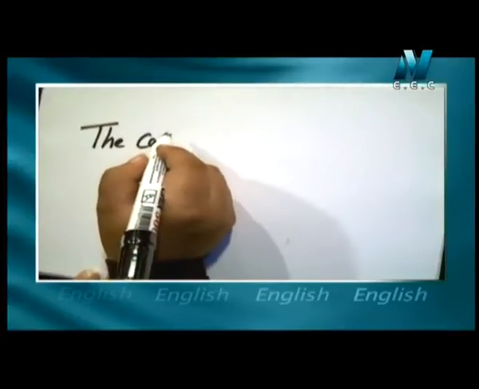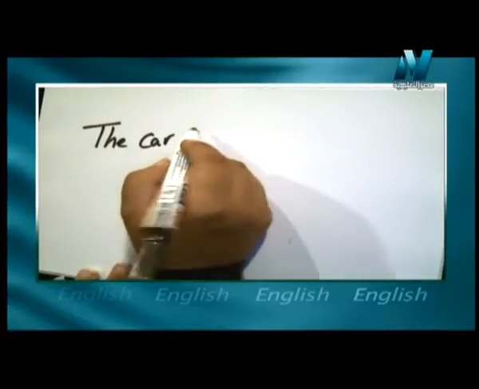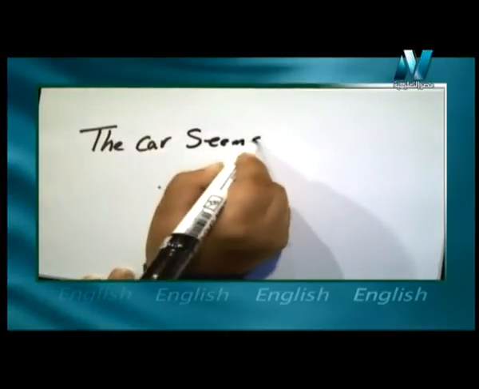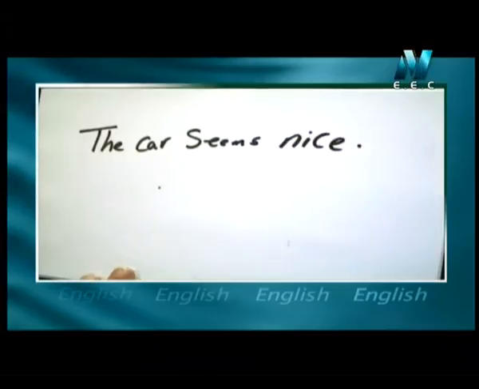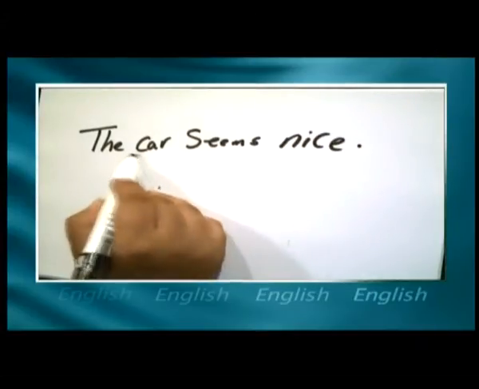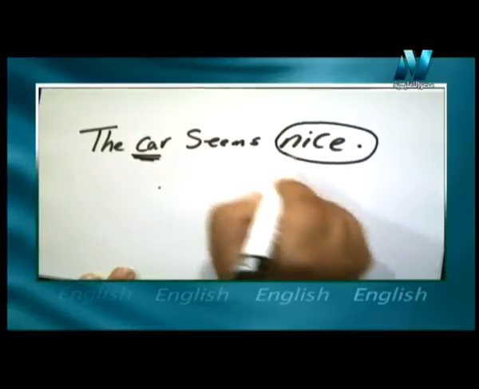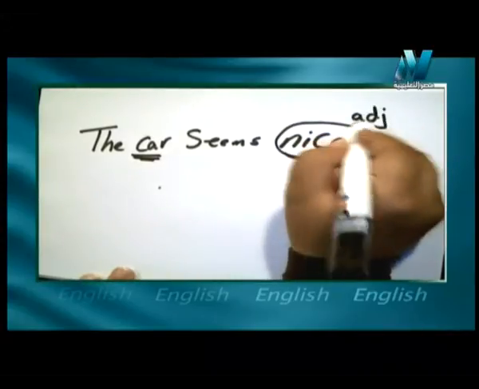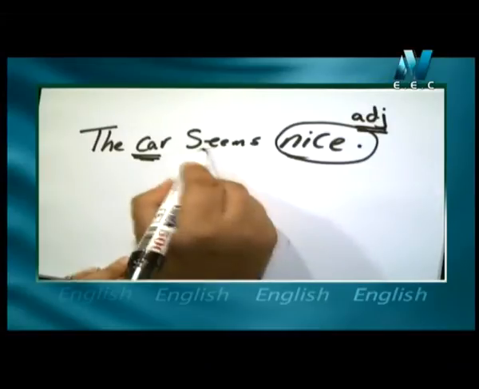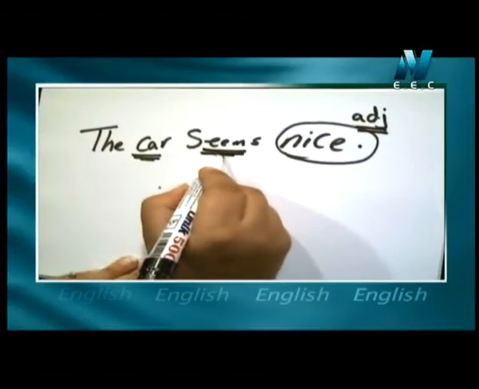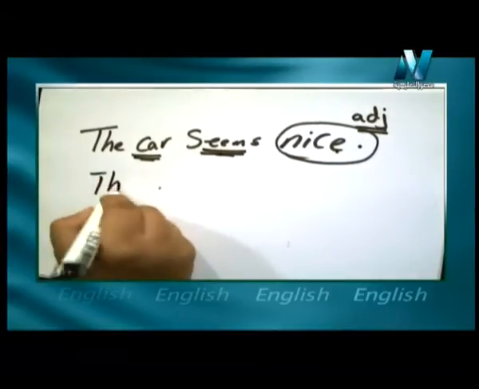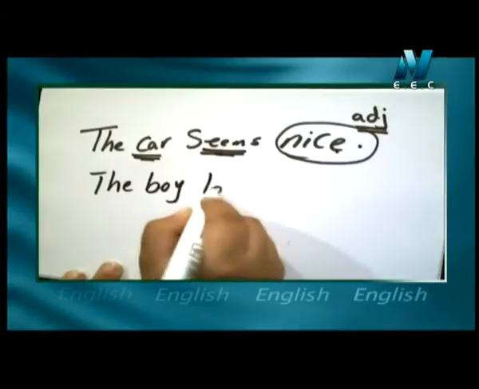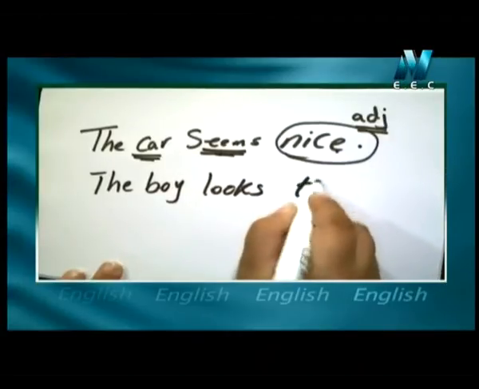Let's have an example. The car seems nice. I will describe the car here with the word nice. It's an adjective. Get فين after seems. These are from the verbs I can use before the adjectives. The boy looks tired.